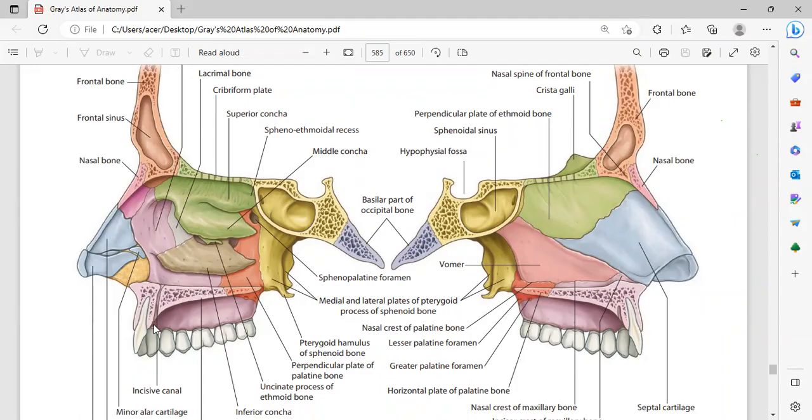And then you have this thing called the incisive canal. That is a communication between the oral cavity and the nasal cavity. Through the incisive canal, you have two structures. First, the nasopalatine nerve. Remember, the nasopalatine nerve came through the sphenopalatine foramen. That will cross through the nasal cavity and enter the oral cavity through this incisive canal.